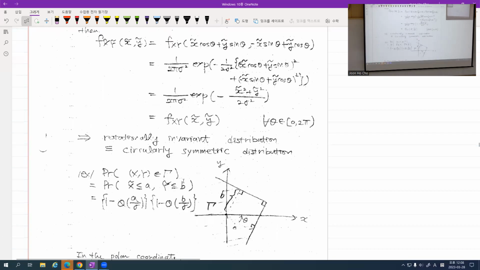Now, using that one, let's think about integrating the IID zero mean Gaussian on this region gamma, which has this shape.